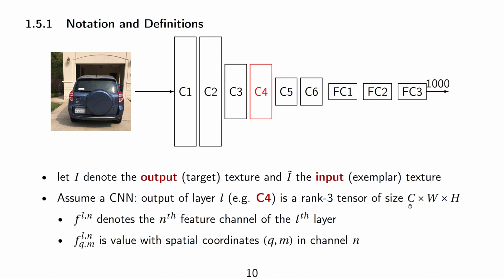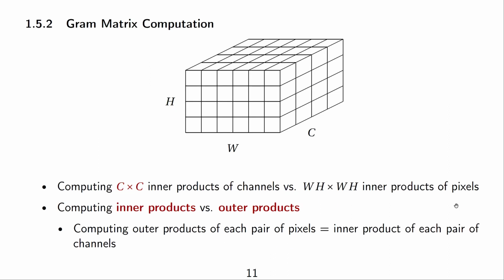While in the course I try to use C for the number of channels and width and height to denote the spatial dimensions, the paper actually goes a different route. They use N for the channels and Q and M for the width and height of the spatial resolution. So in the following, you will see that only a little of my notation and most slides use the notation of the paper.